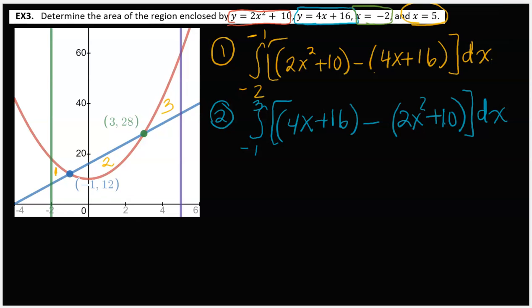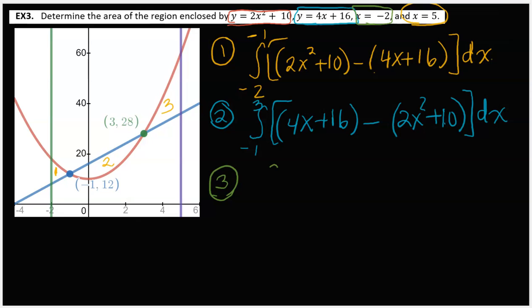That is because dx is the base of my rectangular strip. Then the third region, region number 3, is this region right here. Now we're back to red minus blue, going from 3 to 5.